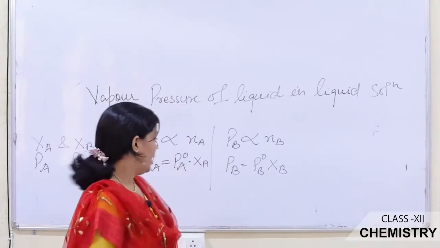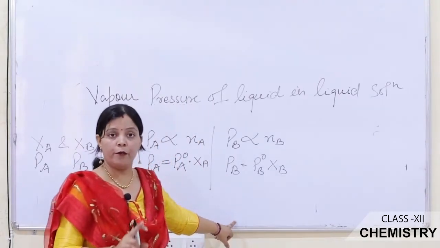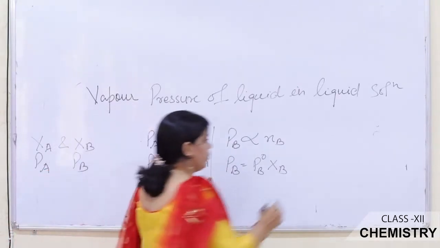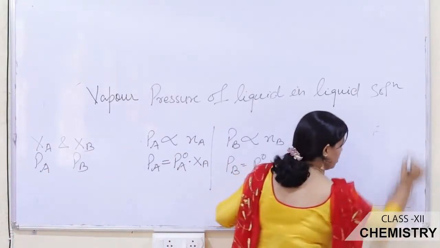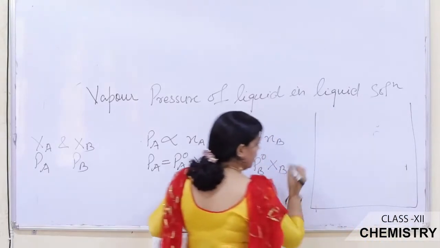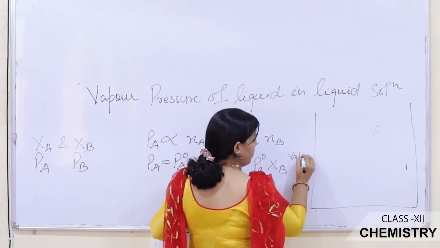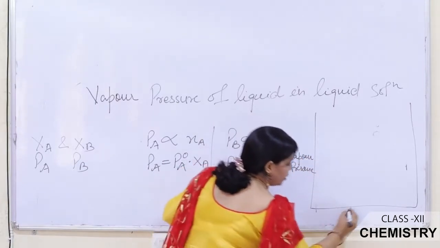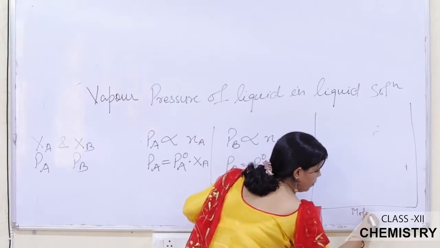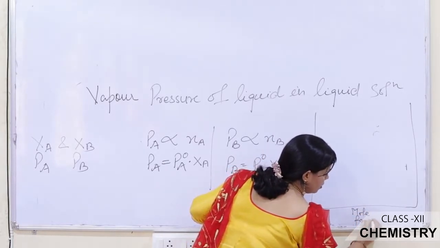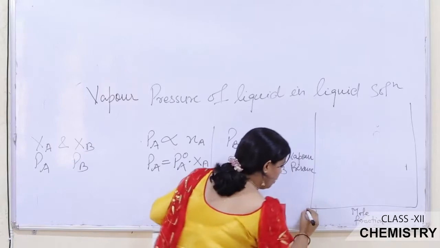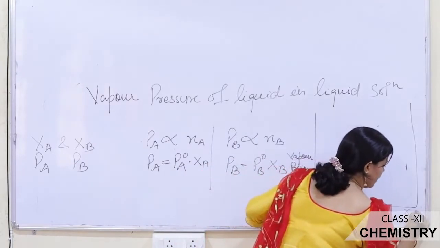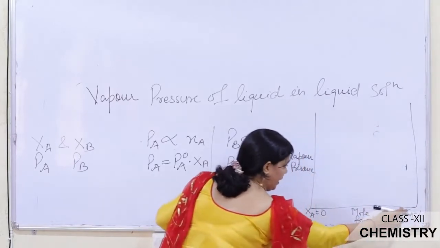So students, according to Raoult's law, when we plot Pa against Xa, the vapor pressure is represented on this axis and the mole fraction on this axis. Here Xa is equal to 0 and there Xa, the mole fraction of component A, is 1.